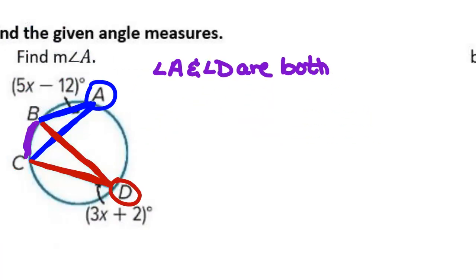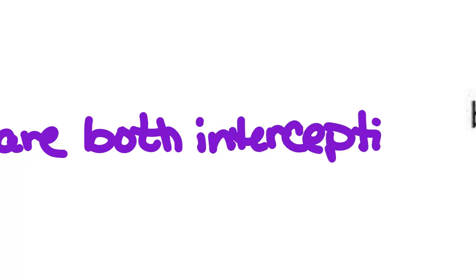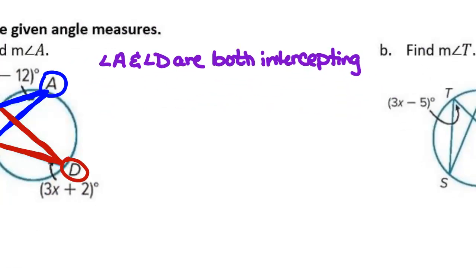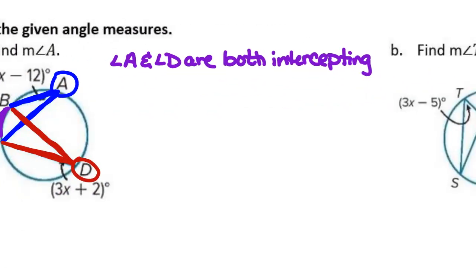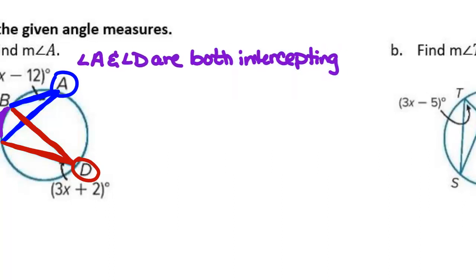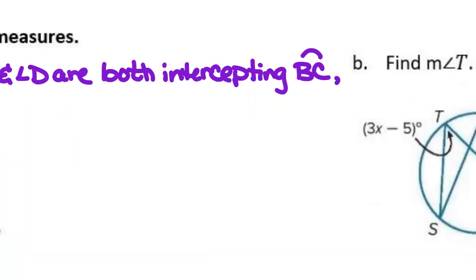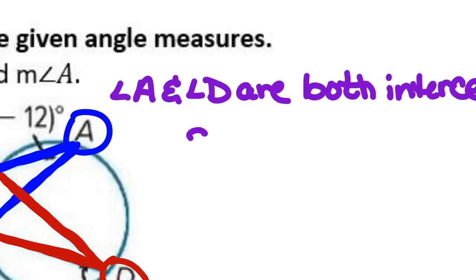Angles A and D are both intercepting arc BC. So that means that angle A and angle D are congruent.